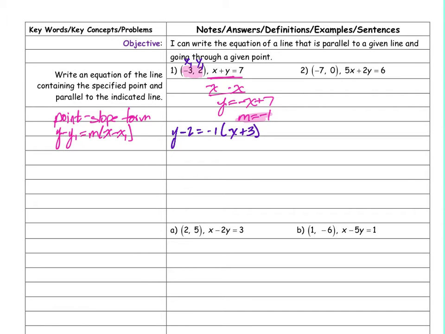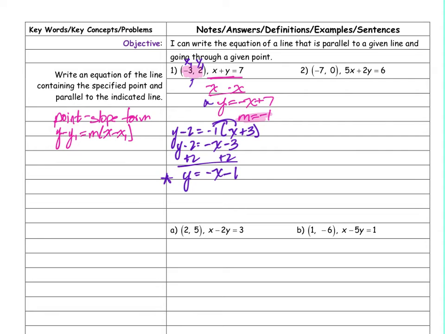And I'm going to write the equation in slope-intercept form. So I'm going to distribute, so I get y minus 2 equals negative x minus 3, and then add 2 to both sides, and y equals negative x minus 1. So this line is parallel to this line, but it goes through this point, okay?